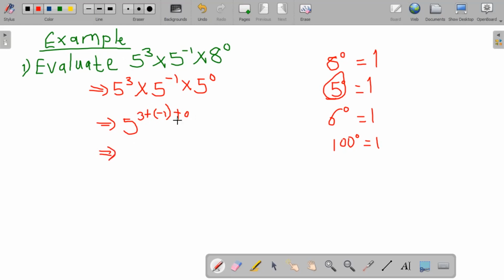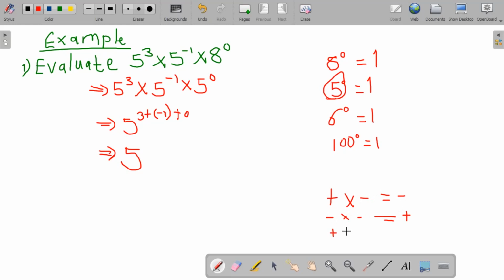And then when you are adding these powers, there is a positive sign and there is a negative sign. Remember, go back to my previous video where I talked about those signs. I will multiply the signs. Negative multiplied by negative gives us positive.